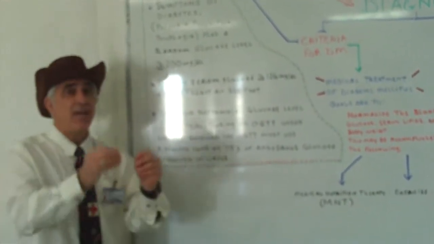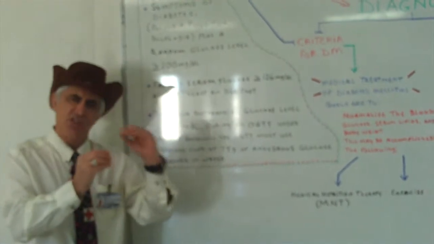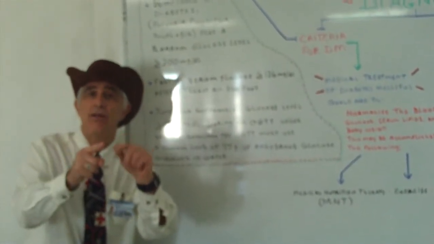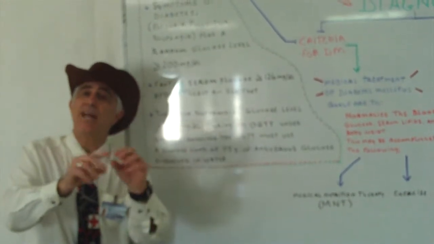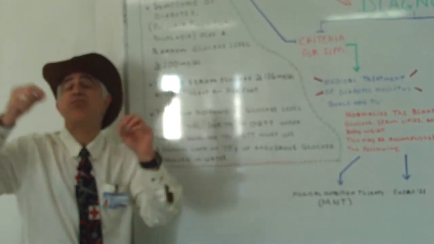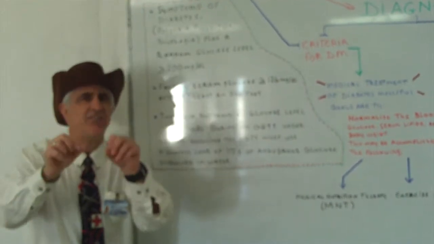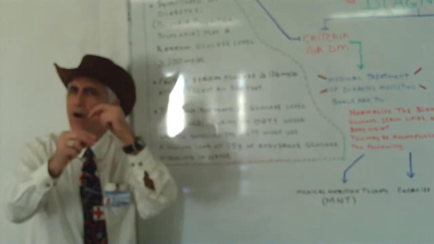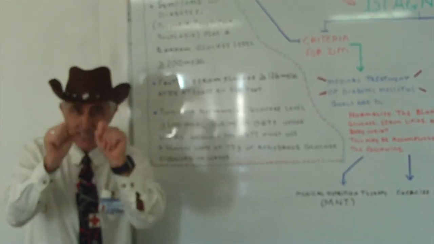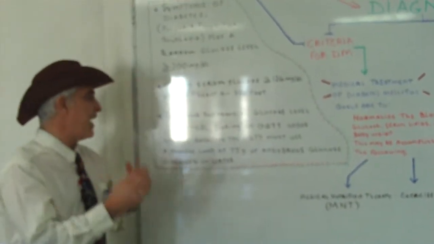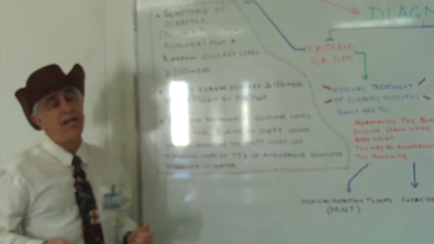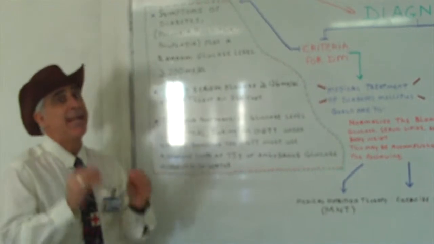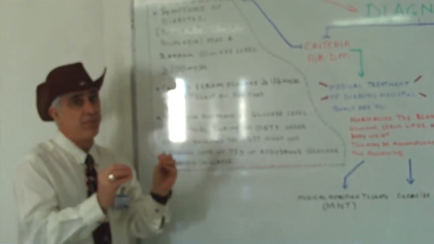After they get that sugar drink, they check the blood sugar a half hour afterwards, then 1 hour. After the half hour and 1 hour, they do it every hour, up to 3 hours. The key thing is going to be the 2-hour postprandial, meaning 2 hours after eating. That's going to be the key indicator. So, if the 2-hour postprandial is equal to or greater than 200 milligrams per deciliter, that's positive for diabetes mellitus.